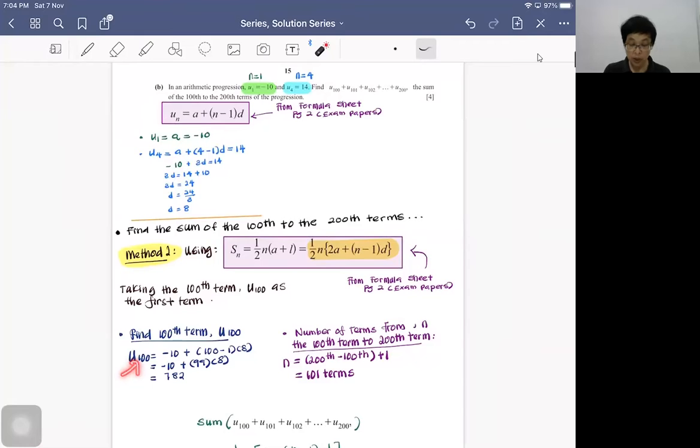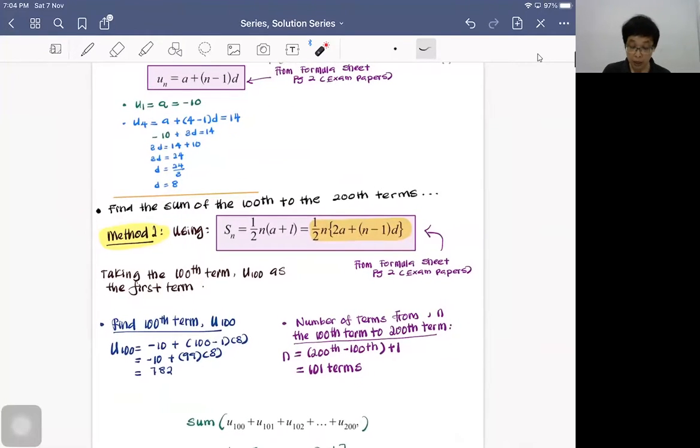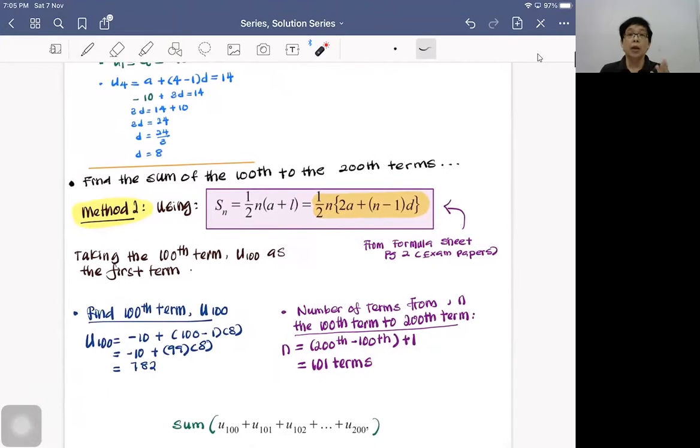We substitute n equals 100 and d as 8, because that is the common difference we found in part 1. And again, using the same reasoning that we used just now to find how many terms between the 100th and the 200th, we know that n equals 101.